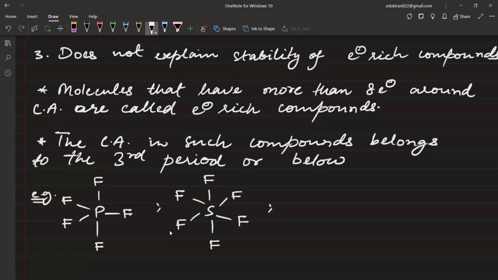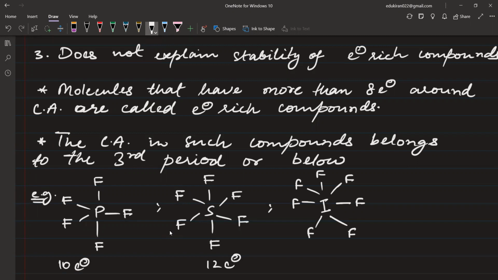Iodine can have IF7. Okay, so this has how many electrons? 10 electrons. This has 12 electrons. This has 14 electrons.